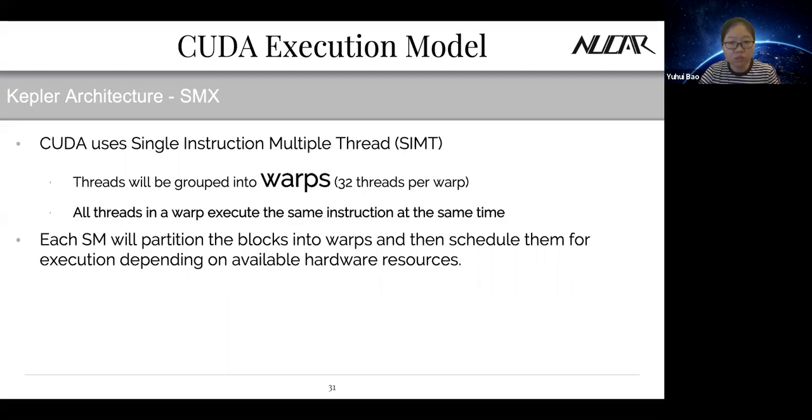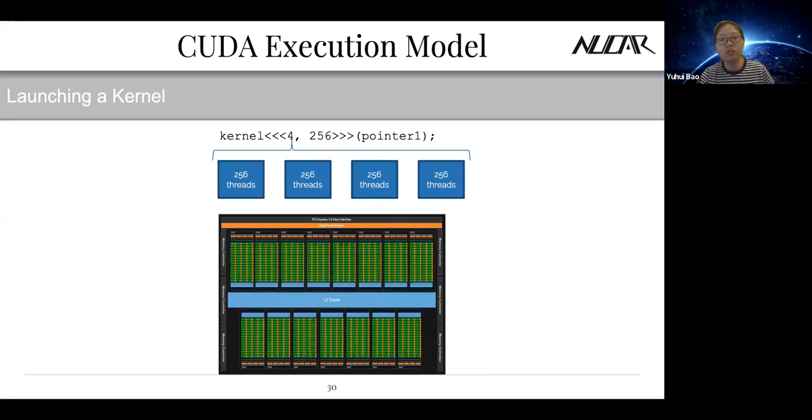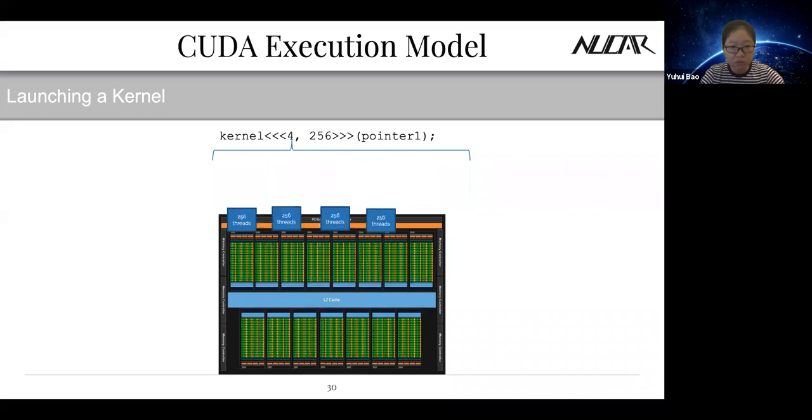Now let's look back at how the kernel is launched. In this picture, the kernel is composed of 4 blocks. There are 256 threads in each block. The GPU will launch the blocks into the streaming multiprocessors.